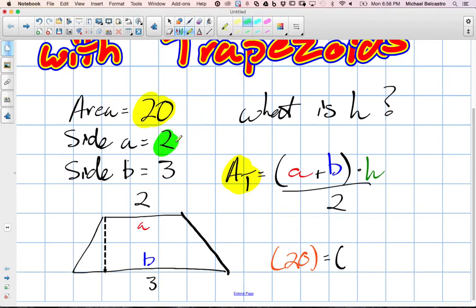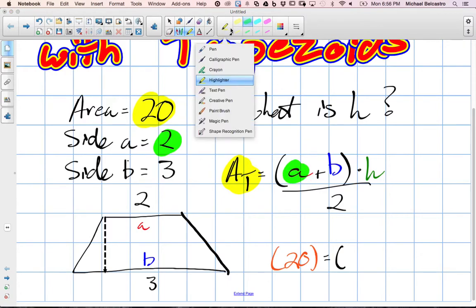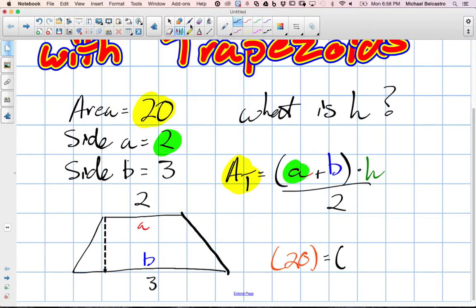Our A value is 2, so we replace A with 2, plus the B value. B value is 3, so replace B with 3. We don't know the H, so I'm going to leave that in green as a letter H. We're going to solve for that, divided by 2.